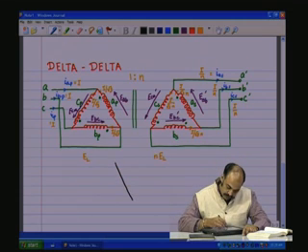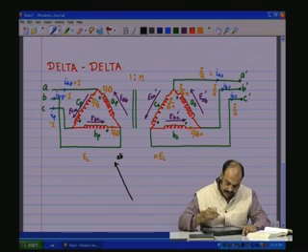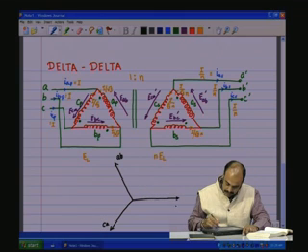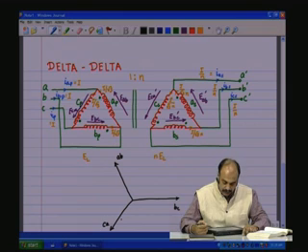This is the EAB axis. So, I will say this is the AB axis, this is the CA axis, and this is the BC axis. All are 120 degrees out of phase with each other.